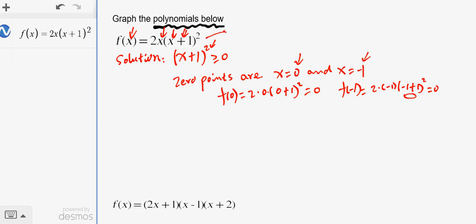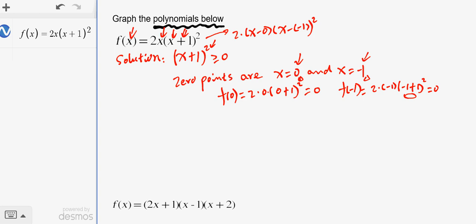Because this one equals what? 2 times (x minus 0) times (x minus -1) squared. Okay, so here then you have a 0 at x equals -1, another is the one here.